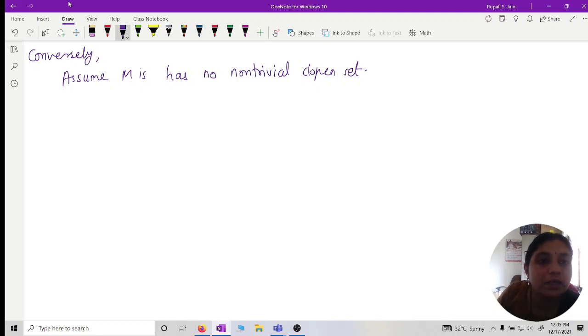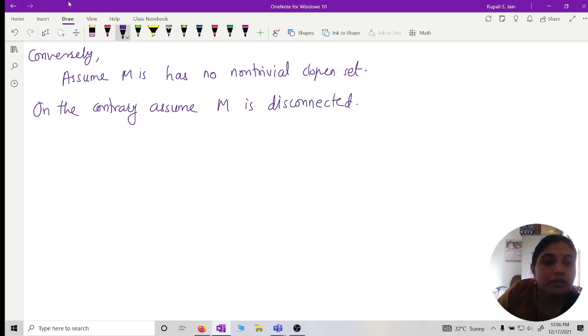M is connected. So on the contrary, again assume M is disconnected. If it is disconnected, then what will happen?